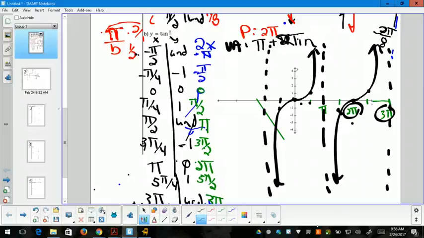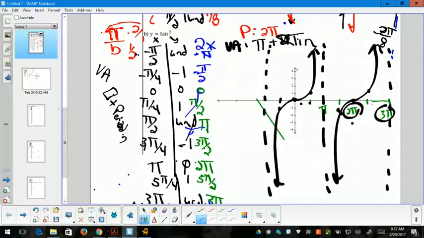So the vertical asymptotes are wherever they are plus the period times n. For any function, the vertical asymptotes are going to be wherever they are from your graph plus the period times n.